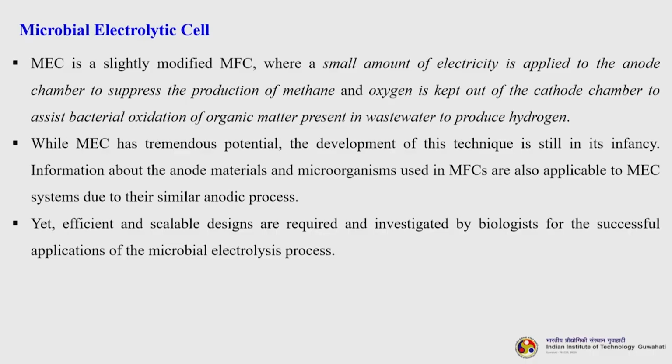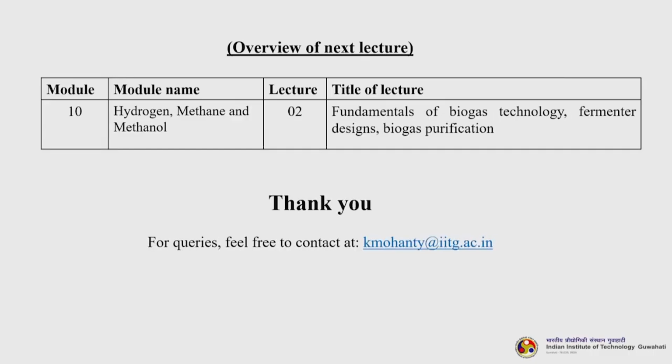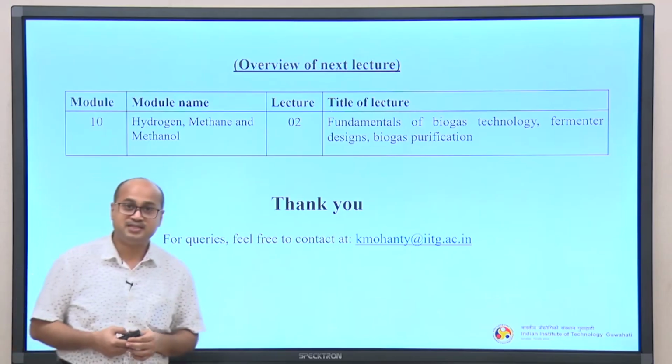Information about the anode materials and microorganisms used in MFCs is also applicable to MEC systems due to their similar anodic processes. Yet, efficient and scalable designs are required and investigated by biologists for the successful application of the microbial electrolysis process. So, with this I wind up today's lecture.